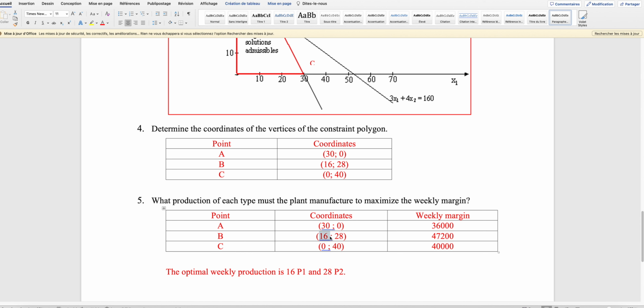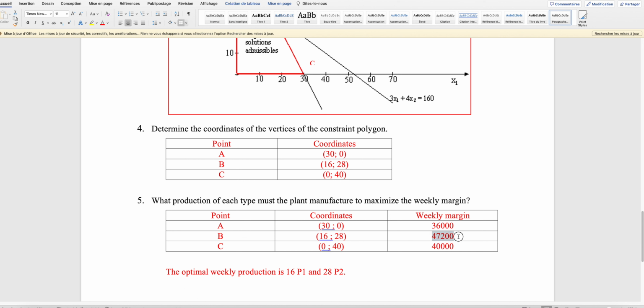So we obtain 47,200 euros benefit. And for the point C, we only produce P2 and sell this kind of product, so we obtain 40 multiplied by 1,000 euros, we obtain 40,000 euros benefit.